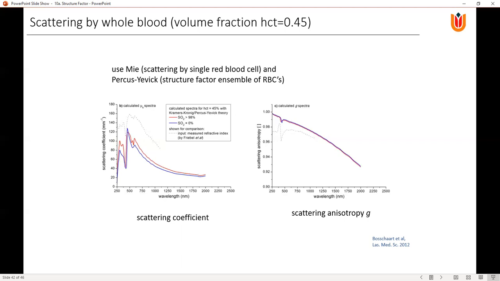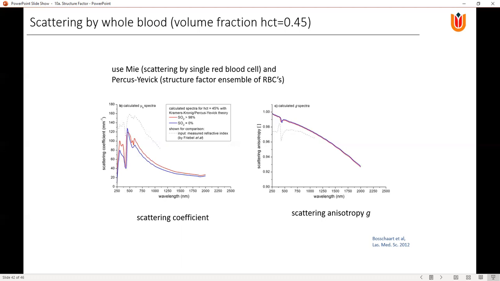What is the anisotropy value going to be? Does that correspond to a high or a low anisotropy? Maybe that is the better question: does somebody remember what the definition of the scattering anisotropy was?